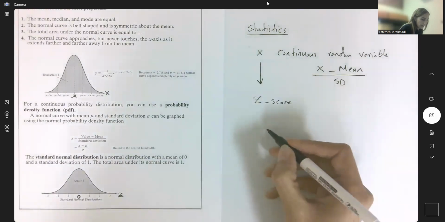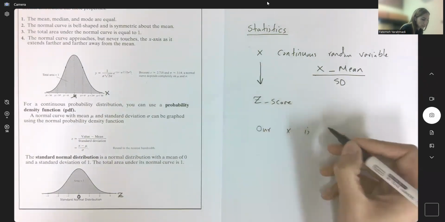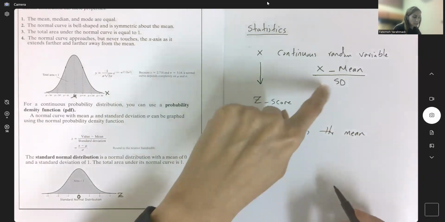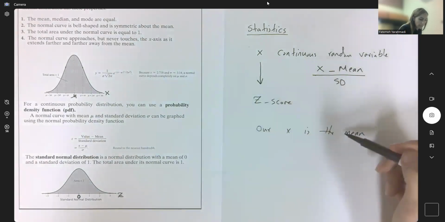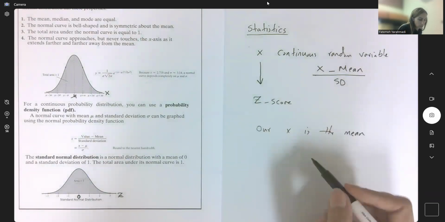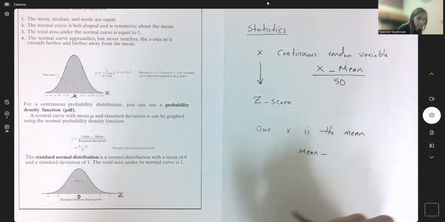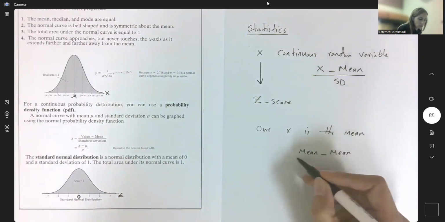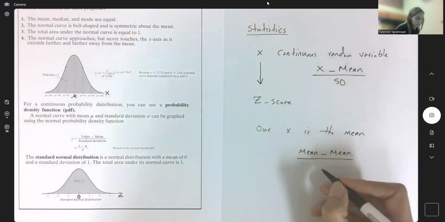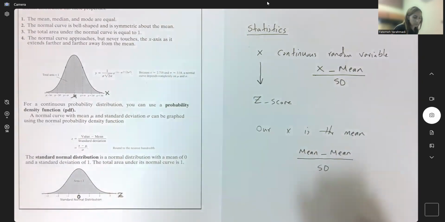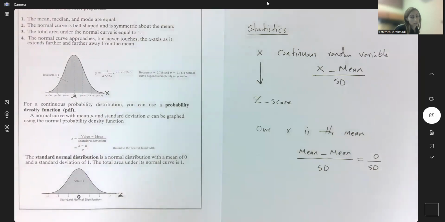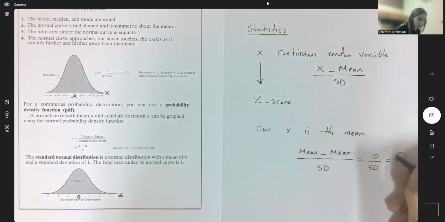Okay, our x is the mean. Am I right? Let us substitute that here into the formula. My x is the mean. So wherever you see x, you're going to write down mean. Mean minus, well, on the numerator, I have the exact same mean value. On the denominator, I have the standard deviation, sigma. But mean minus mean is 0. 0 divided by the standard deviation, 0 divided by any non-zero value, is equal to 0.